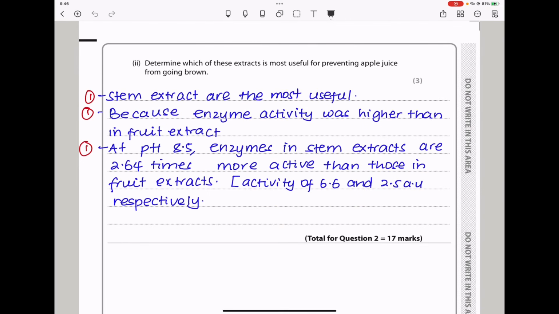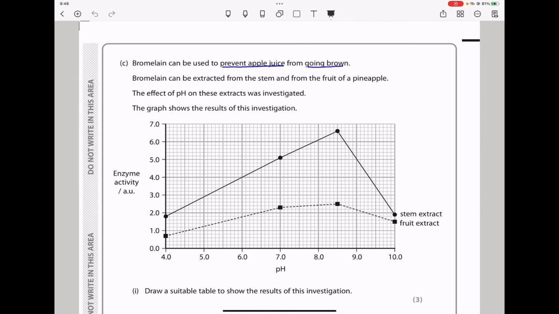Moving on. So here they say, determine which of these extracts is most useful in preventing apple juice from going brown. Of course, from the experiment, we saw stem extracts are most useful because the enzyme activity was higher than in fruit extract. If you look at the graph, we have pH 8.5 where we had the highest enzyme activity.